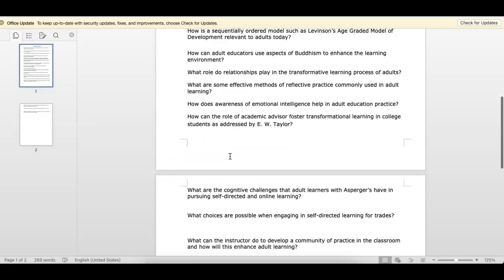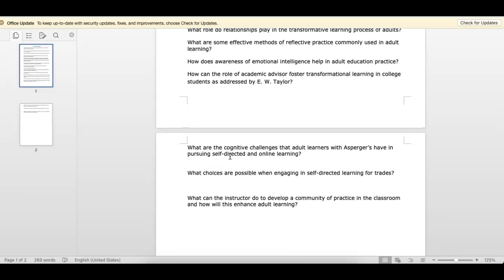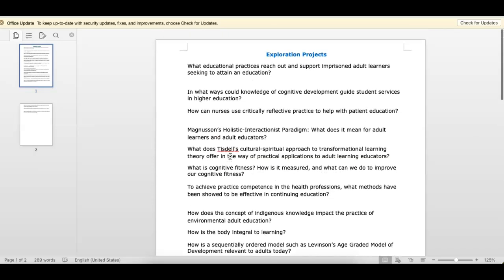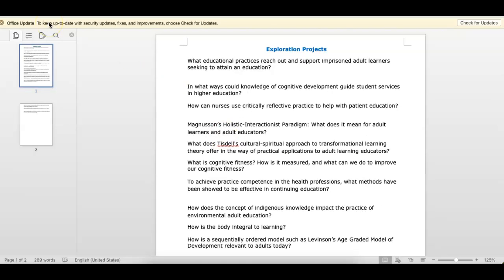And once again, there's some examples in here of previous exploration project questions that people have used. It can be really almost anything. So I want to say to everybody, go with your interest. Go with something that really is of interest to you.